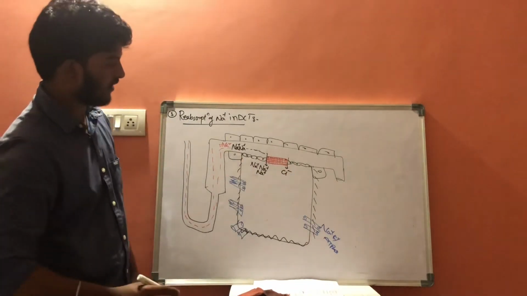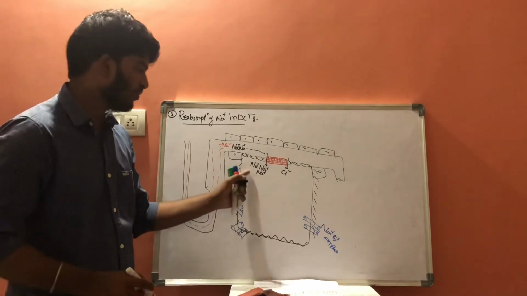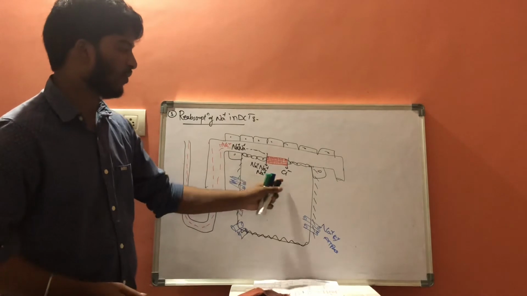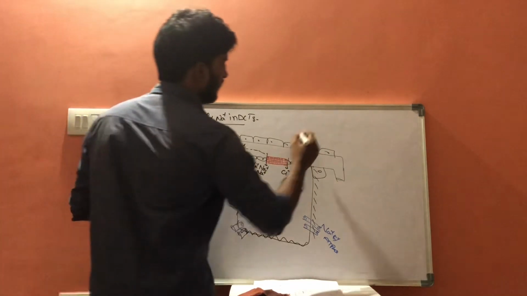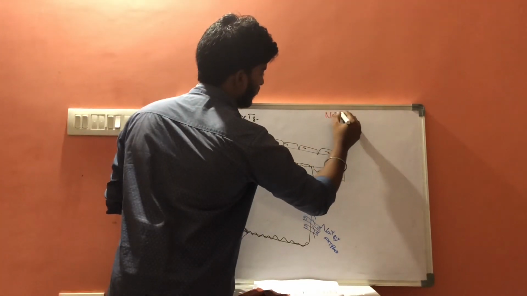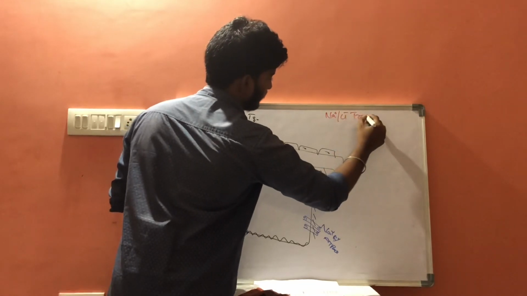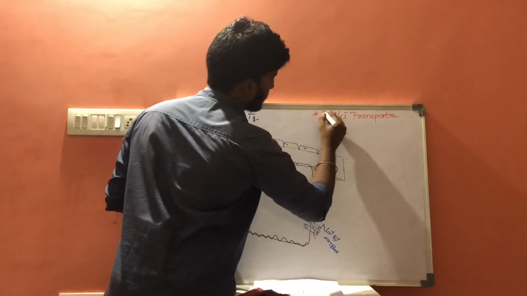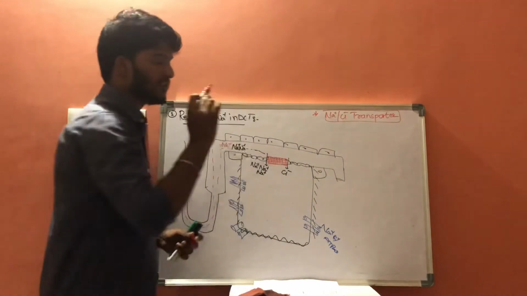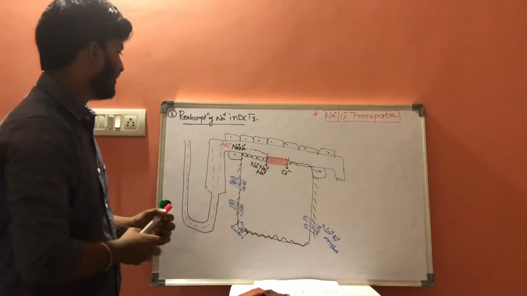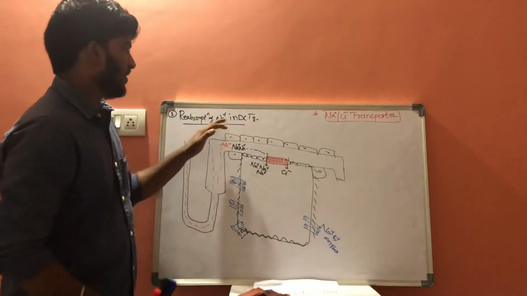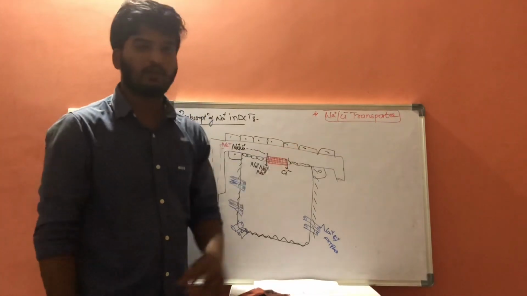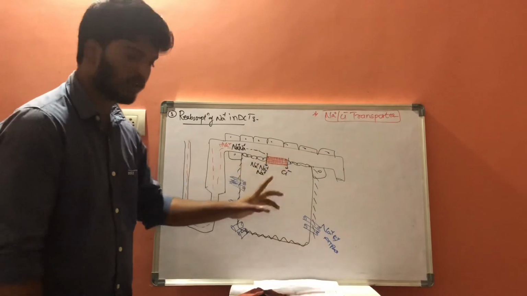As it is bringing sodium ions and chloride ions, the name of that protein is the sodium chloride transporter. This is a special protein which plays a key role in the reabsorption of sodium ions in the DCT. So it is the sodium chloride cotransporter, and it takes the sodium ions and chloride ions inside.